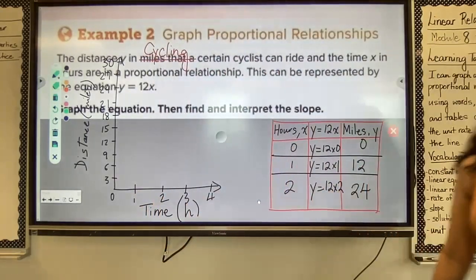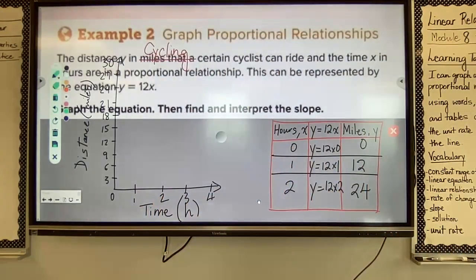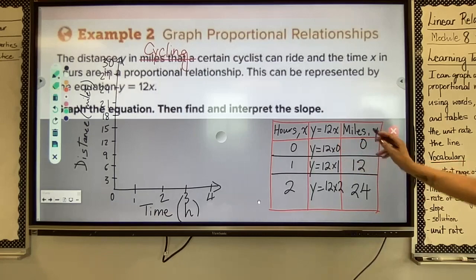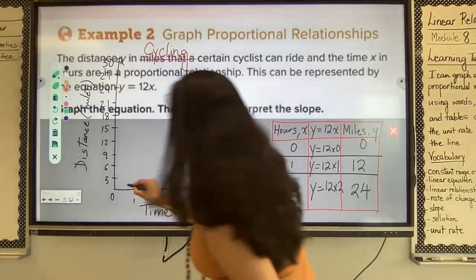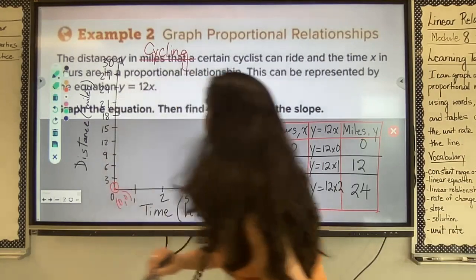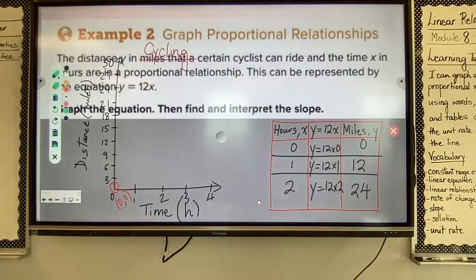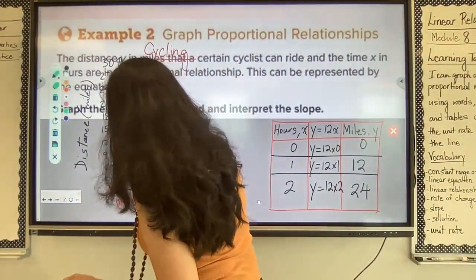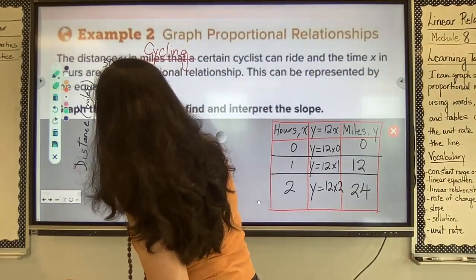Okay, so let's graph this. For 0, we have 0. This is x, this is y. So here is my first point, which is 0, 0. My second point is 1 and 12. So if this is 1, this is going to be 12.